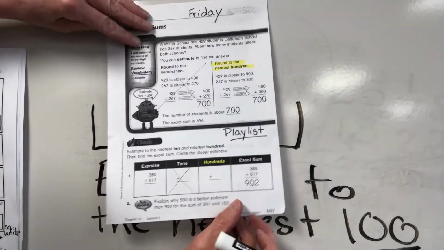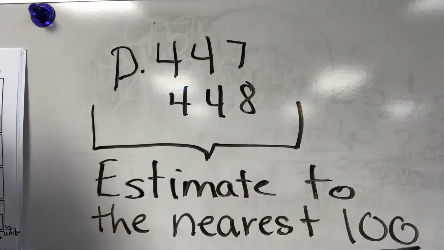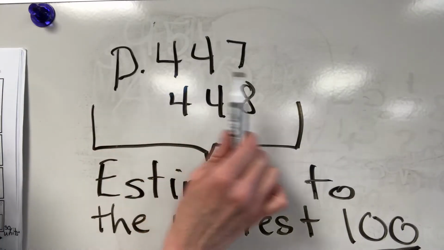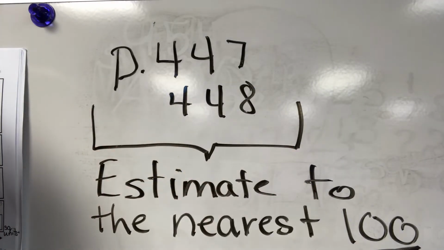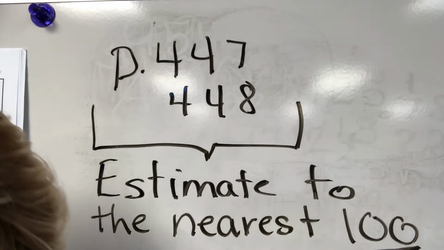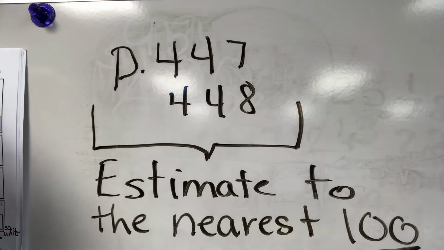So look at page 447. Well, let's go back. I went too fast. Page 447 and 448 is the assignment for today, week 6, day 5 of math. It says to estimate to the nearest 10 and to the nearest 100. We are not going to estimate to the nearest 10. We are only going to estimate to the nearest 100.